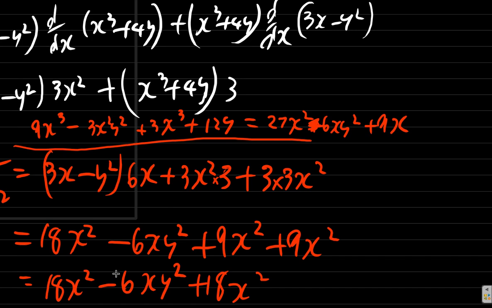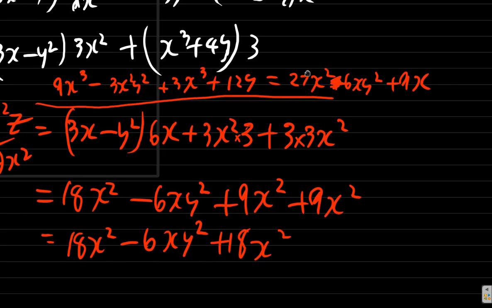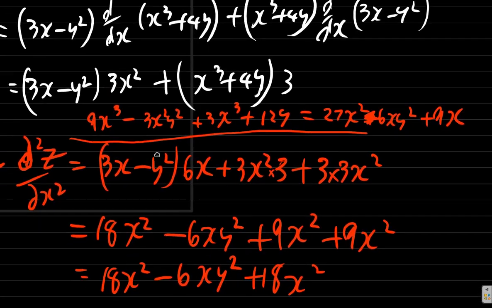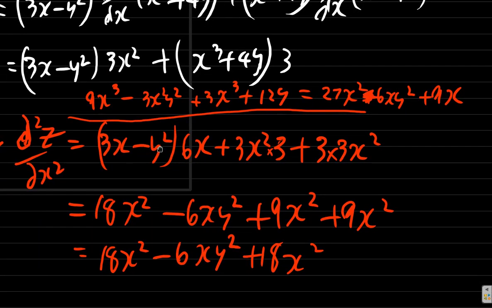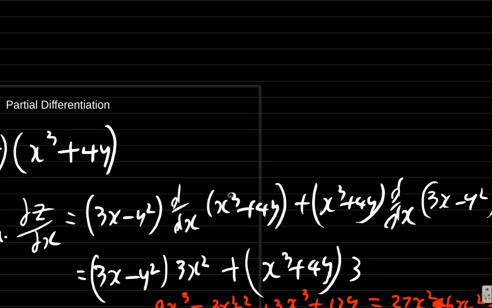Alright. So here what you have is 27x squared plus 9x plus this. This would amount to what? 18 plus 18. This would be, when you did this, hold 3x minus y squared as it is, differentiate this. Alright, we hold. Oh, I made a mistake. Mistake.